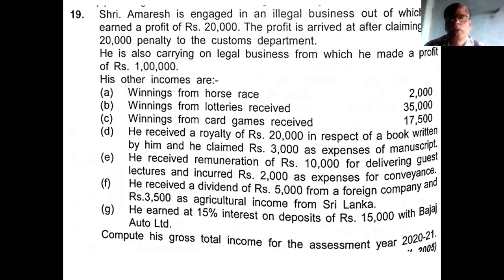That profit is arrived at after claiming 20,000 penalty to the customs department. Because of the illegal business, the customs department penalized him 20,000. He paid 20,000. Then he says that after deducting that 20,000 penalty, his profit is 20,000.